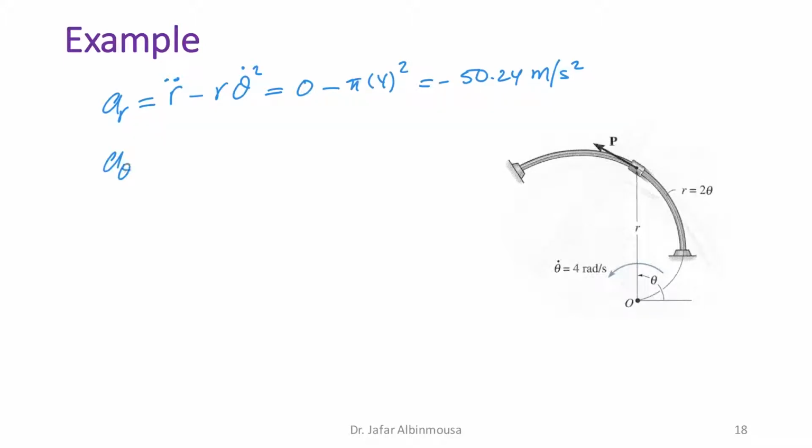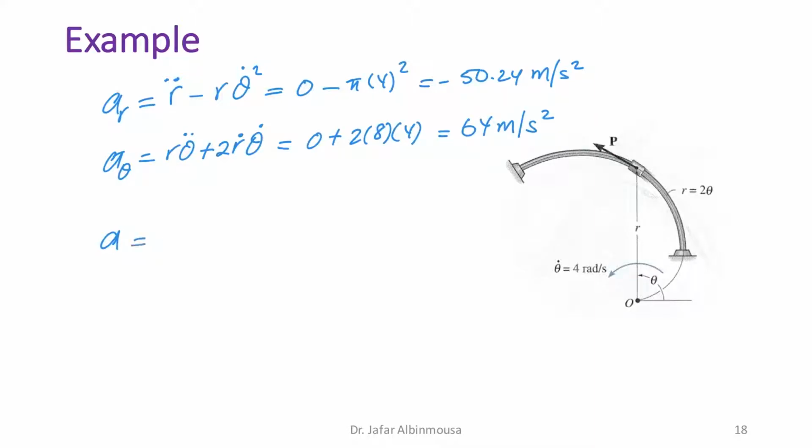Now a theta is equal to r theta double dot plus 2 r dot theta dot, which is 0 plus 2 by 8 by 4, and this is 64 meters per second square.